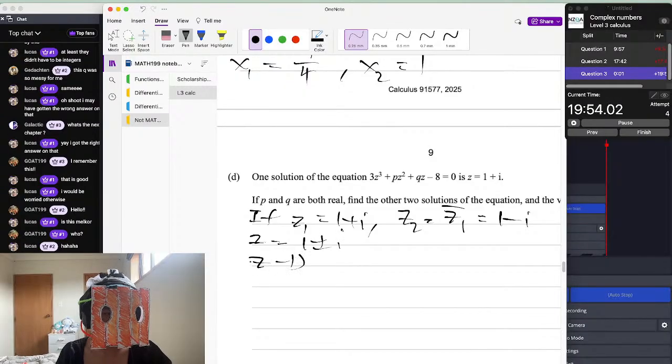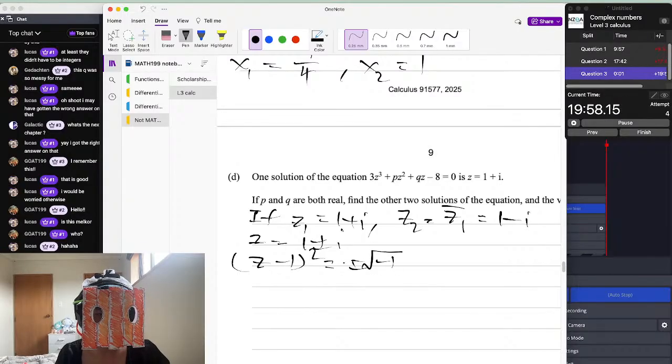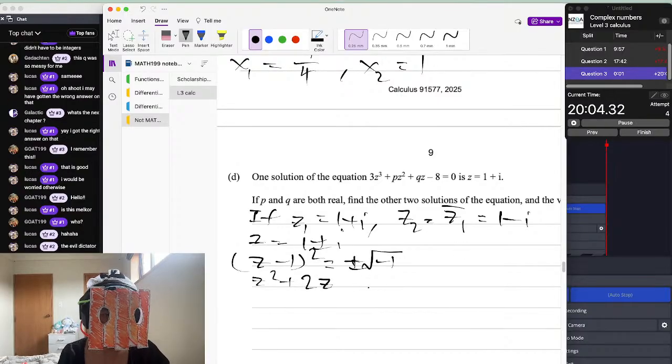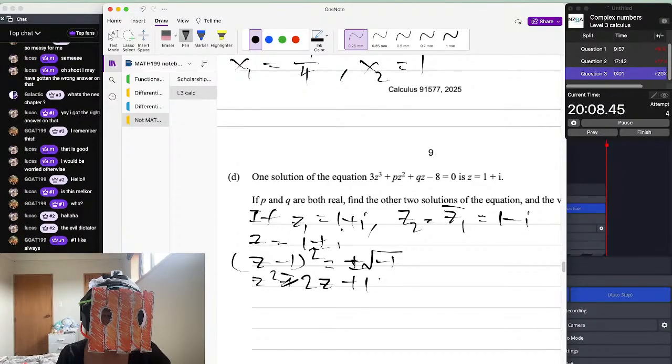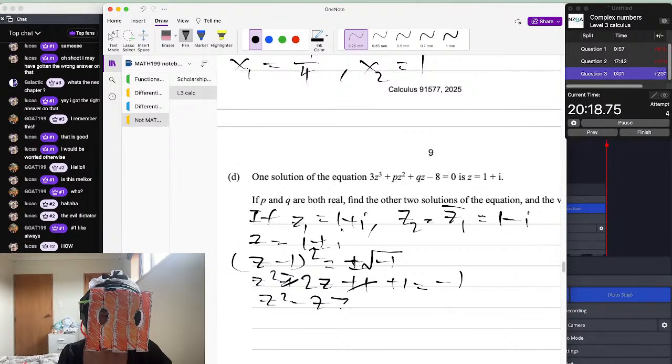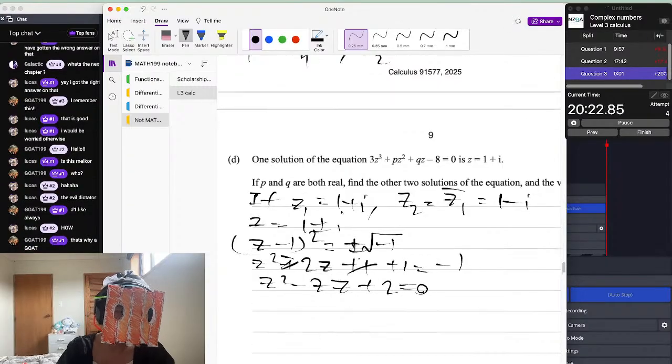z minus 1 squared equals plus or minus the square root of 1 plus 1 equals minus 1. z squared minus 2z plus 2 equals 0.